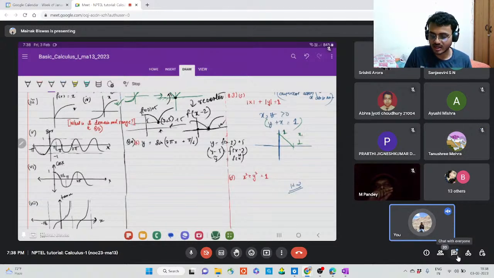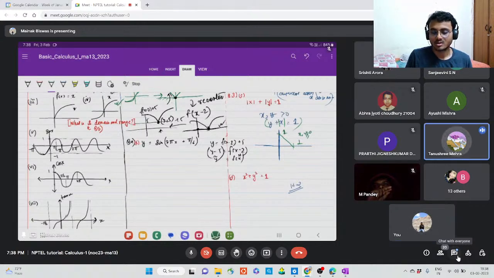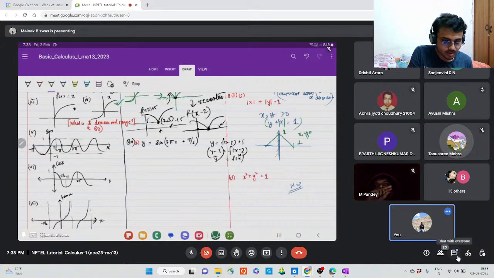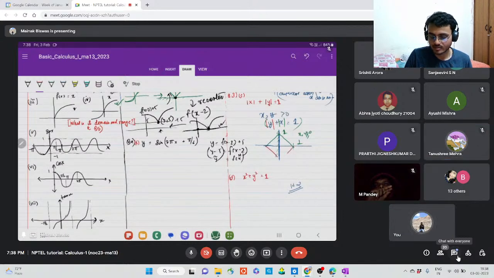I'm only plotting for x comma y greater than 0. Now, if I put a mod across x, where do I duplicate it? Just now I told you. Y-axis. Very good. Now I put a mod on y. Where do I duplicate it? X-axis. So you get a square. Right? Yes, sir.